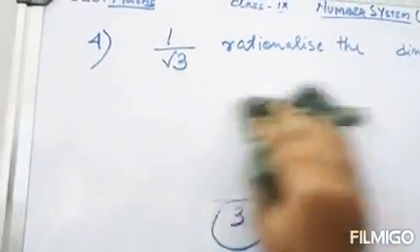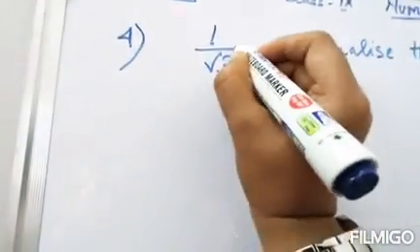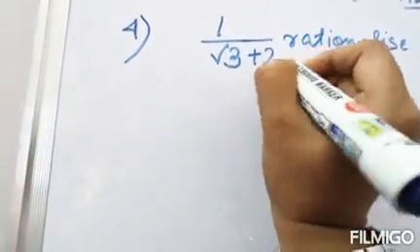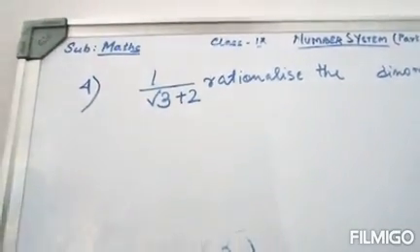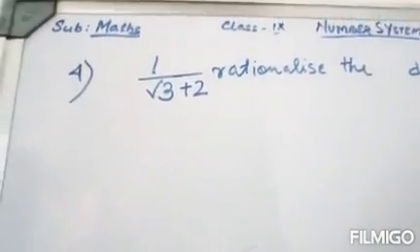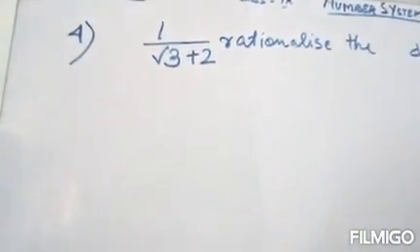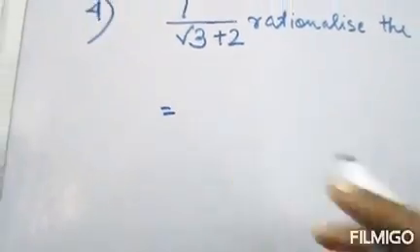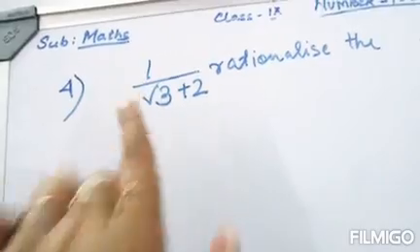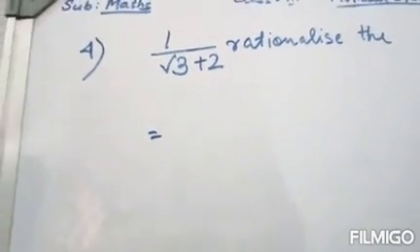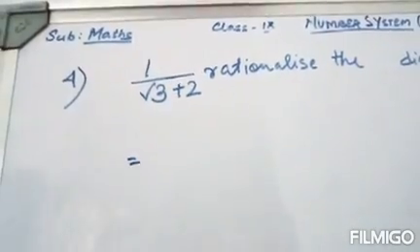Now suppose I'm given this one by root 3 plus 2, and I'm asked to rationalize the denominator. How will I do that? Now see, I need to change the denominator part. The denominator is not just root 3, it is root 3 plus an add-on portion, that is plus 2.